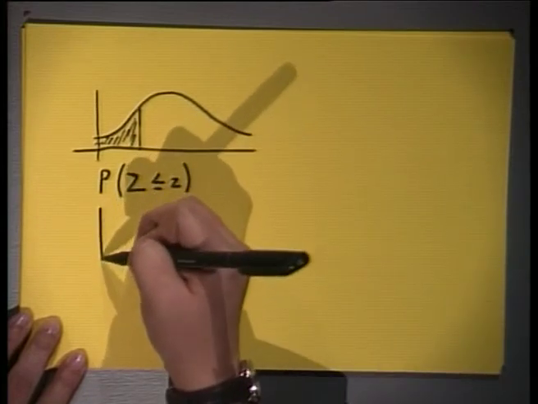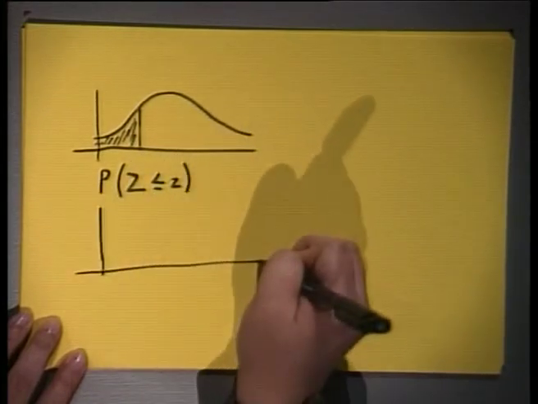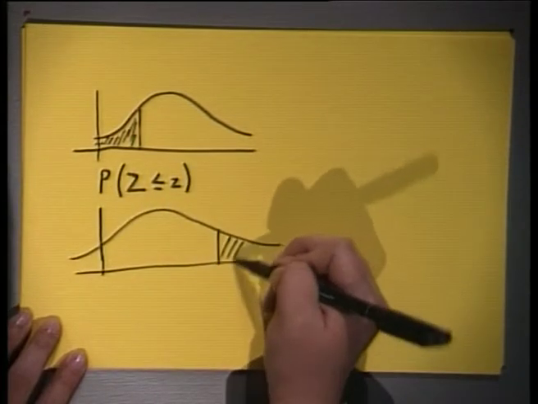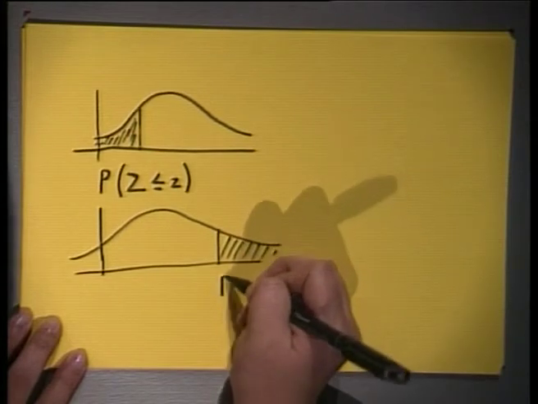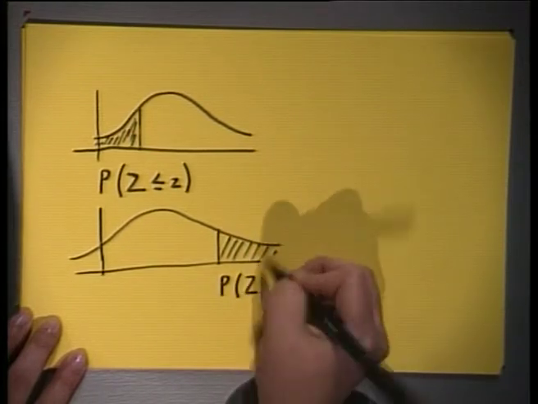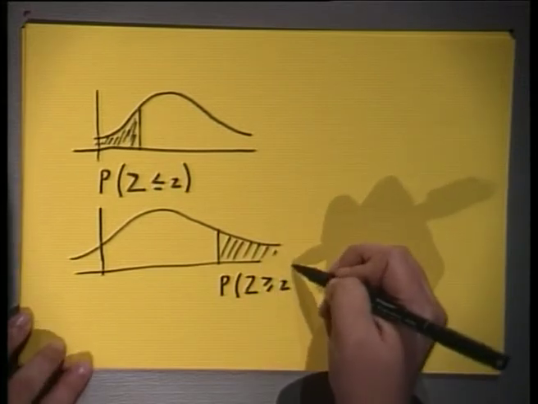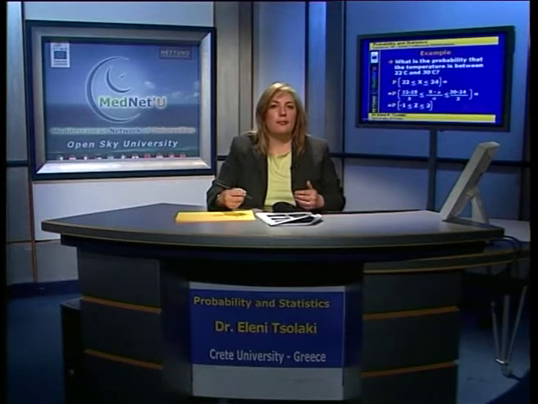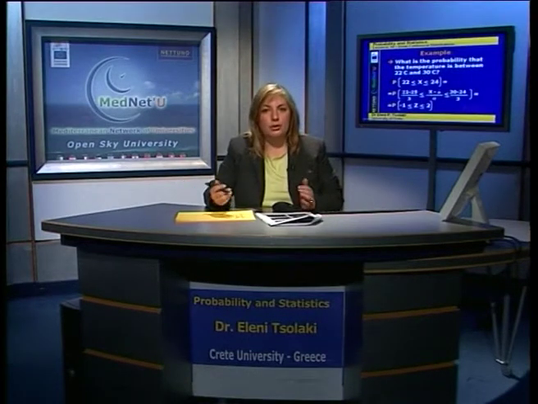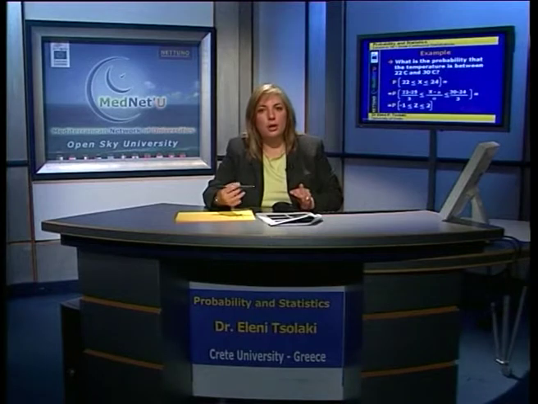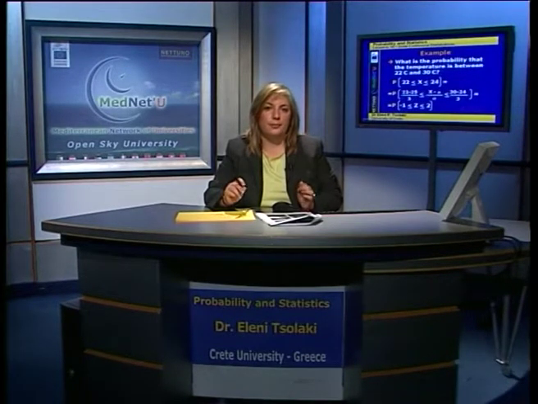If, on the other hand, it gives us this area, it gives us the probability of z greater or equal to z. Usually, books will have a plot of the standard normal distribution they use, and so we can make sure that we read the right values from the tables.